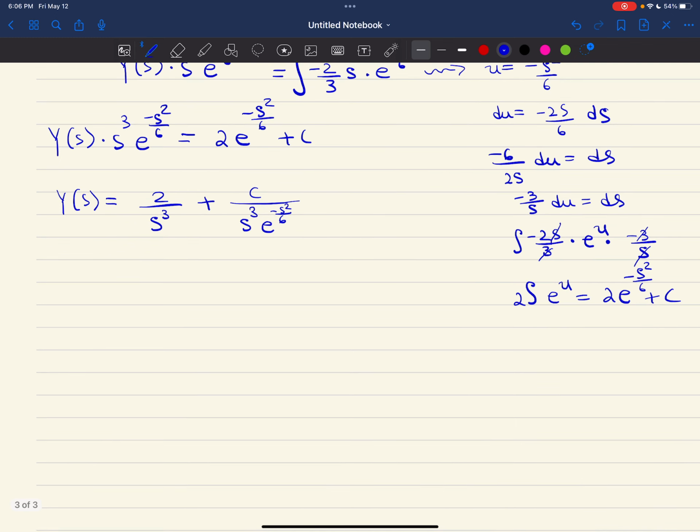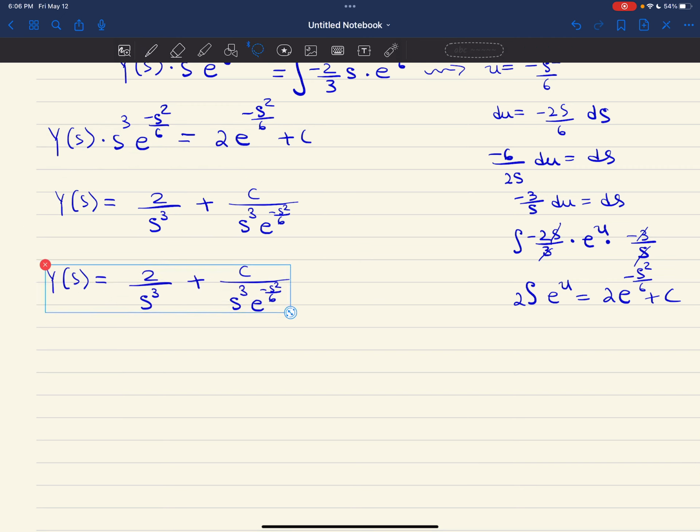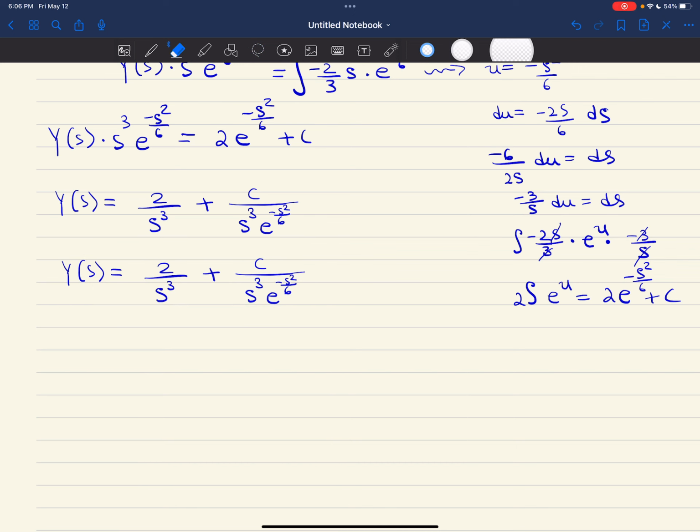So you could leave your answer like this, right? But if you want to simplify more, what you have to remember is a rule. First of all, you have to rewrite this whole thing. Let me rewrite this whole thing. I'm just going to copy and paste it.